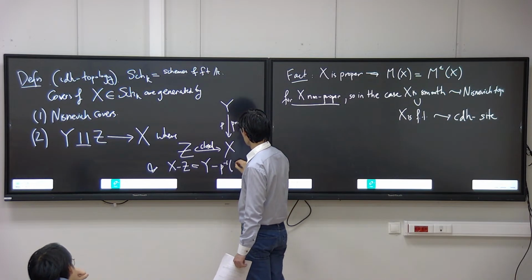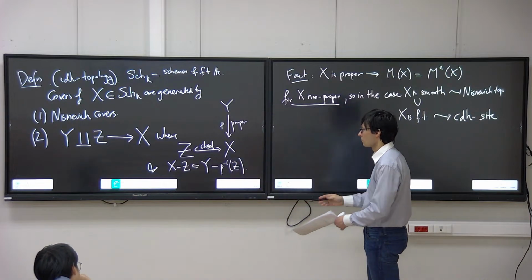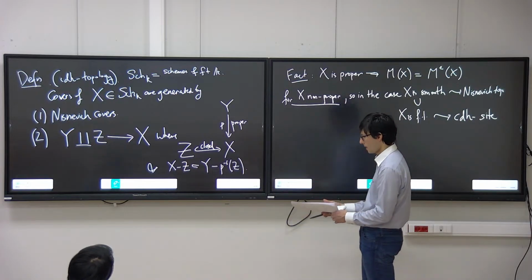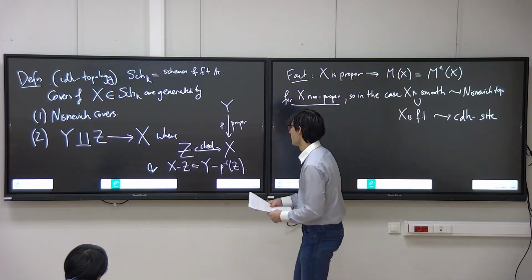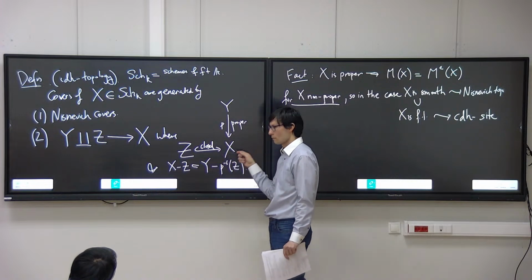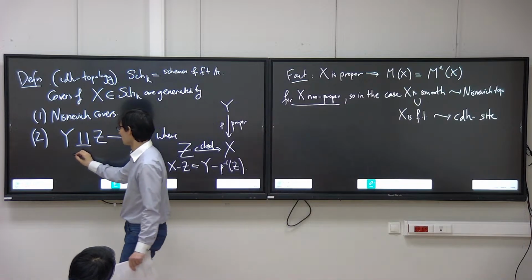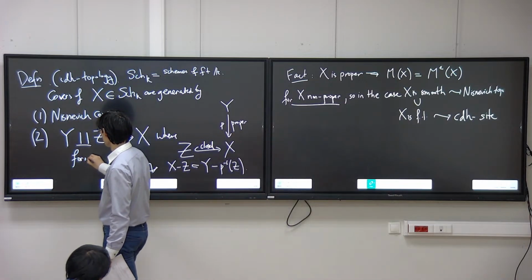So it's exactly what happens when you blow up something. When you blow up along a closed subspace, you don't change anything on the complement. So in some sense, these are called formal blow-ups.